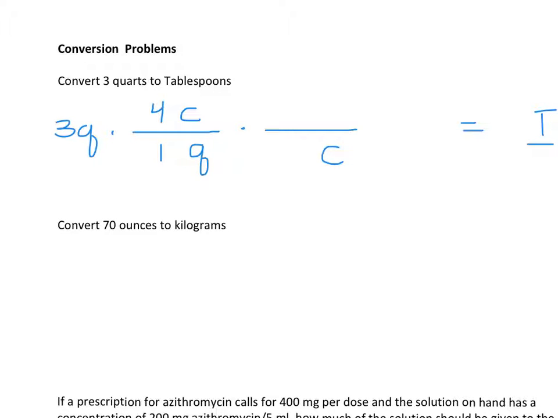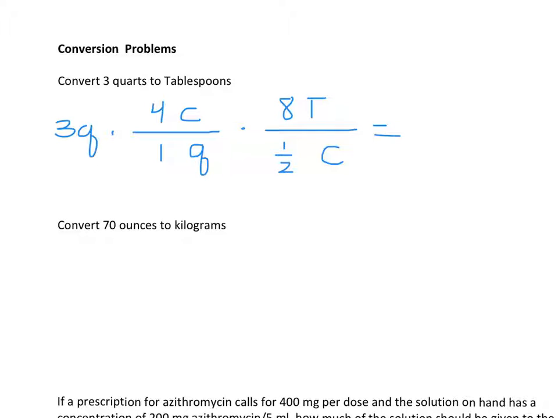Now looking at that conversion sheet, we do have cups to tablespoons. We have that in 1/2 of a cup, there are 8 tablespoons. So again, we have identical quantities, numerator and denominator, so that is just like multiplying by 1. That is then going to give us tablespoons.